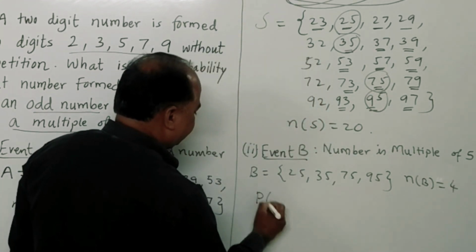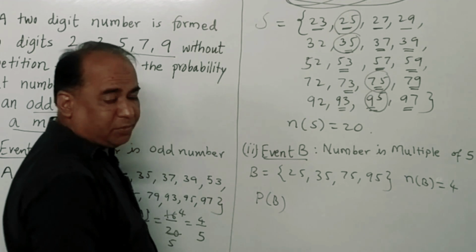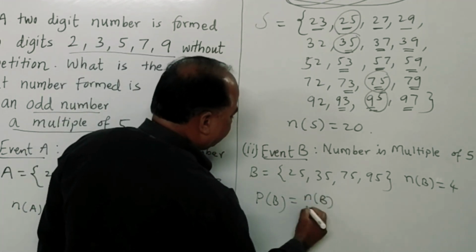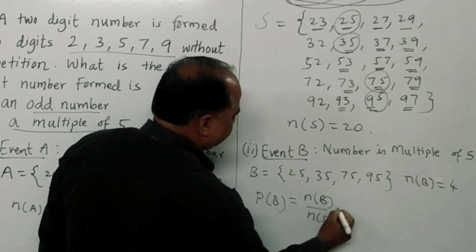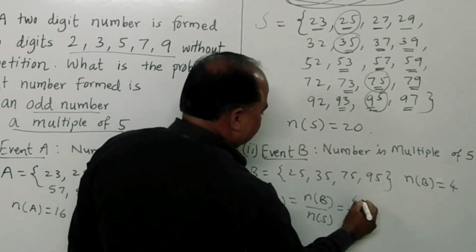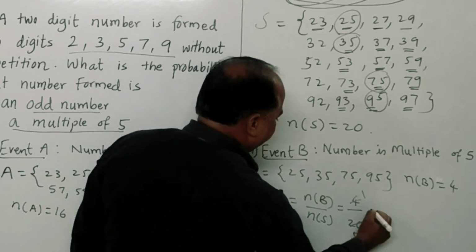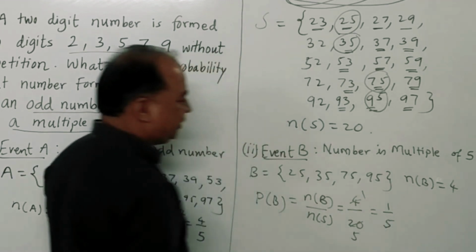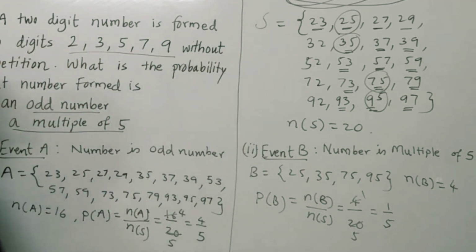So the probability of B, that the number is a multiple of 5, is equal to n(B) upon n(S), which is equal to 4 upon 20. So 4 1s are 4, 4 5s are 20, which is equal to 1 upon 5 is the probability that the number is a multiple of 5.